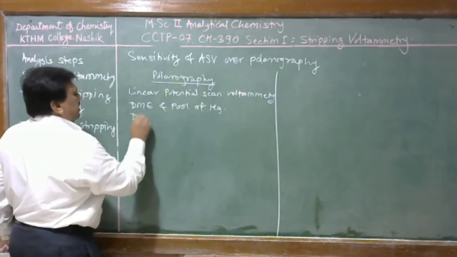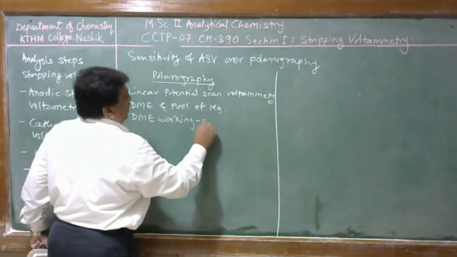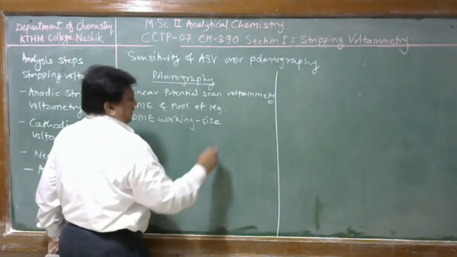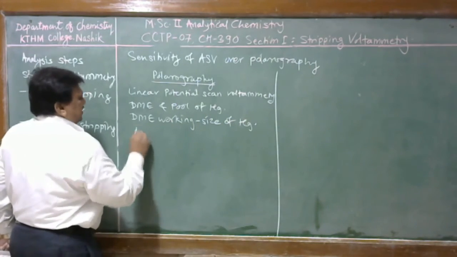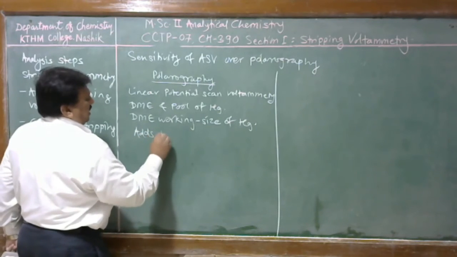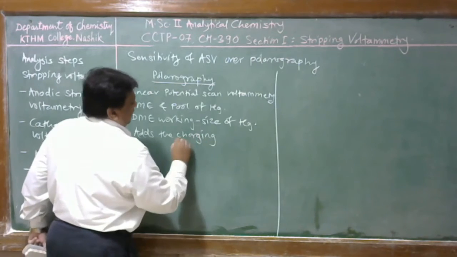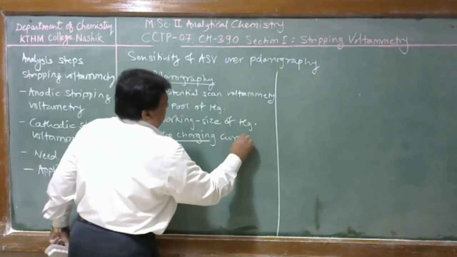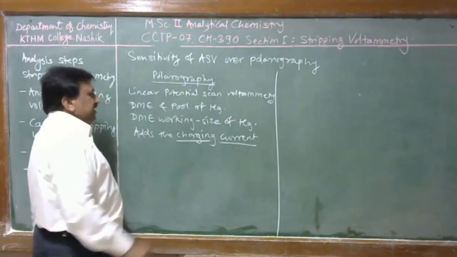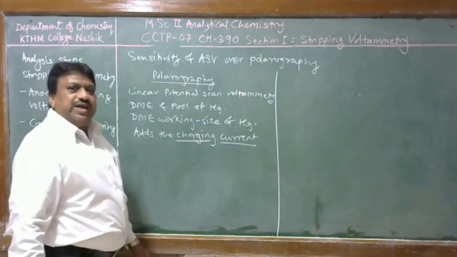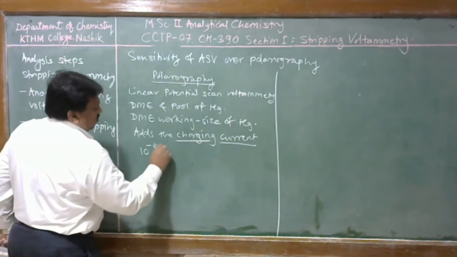Here, the DME is the working electrode and the size of the mercury drop is continuously changing. Therefore, that adds the charging current or non-Faradaic current to the diffusion current. Because of this, the sensitivity of polarography is up to 10⁻⁴ moles.